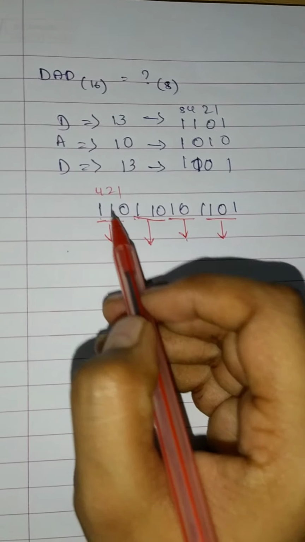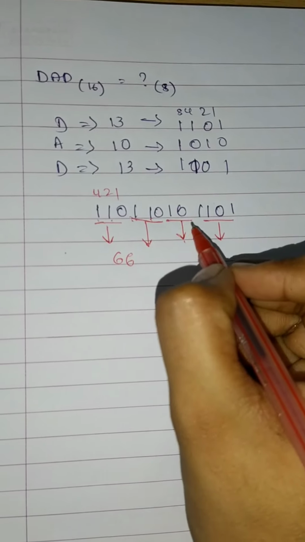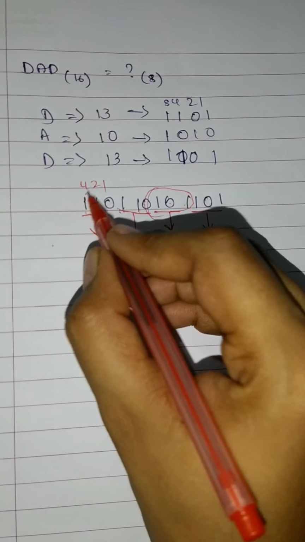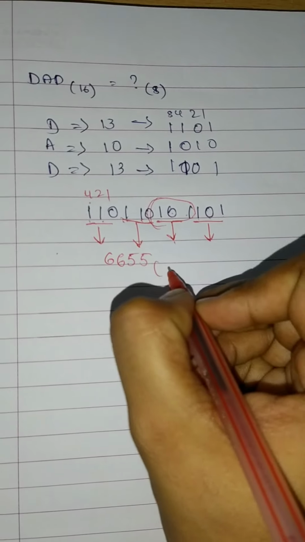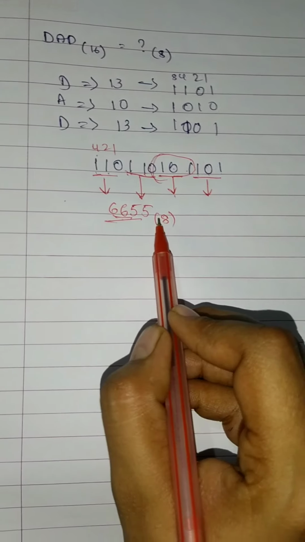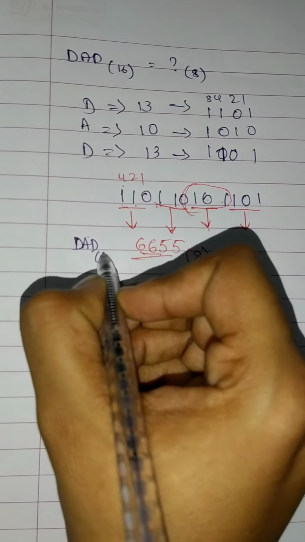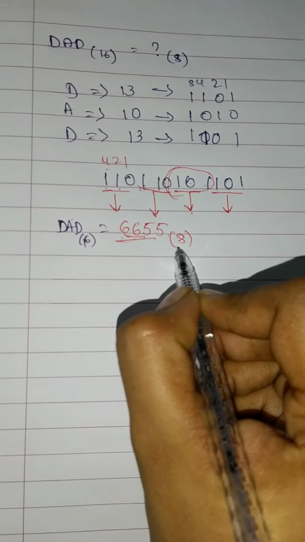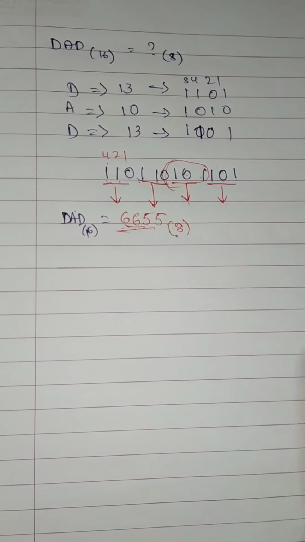So 4 plus 2 is 6, again 4 plus 2 is 6, then these three digits 101, that is 4 plus 1, is 5, again 101 is 5. The base is 8. We are going to get 6655. So the equivalent value of DAD base 16 is 6655 base 8. This is the conversion of hexadecimal to octal.